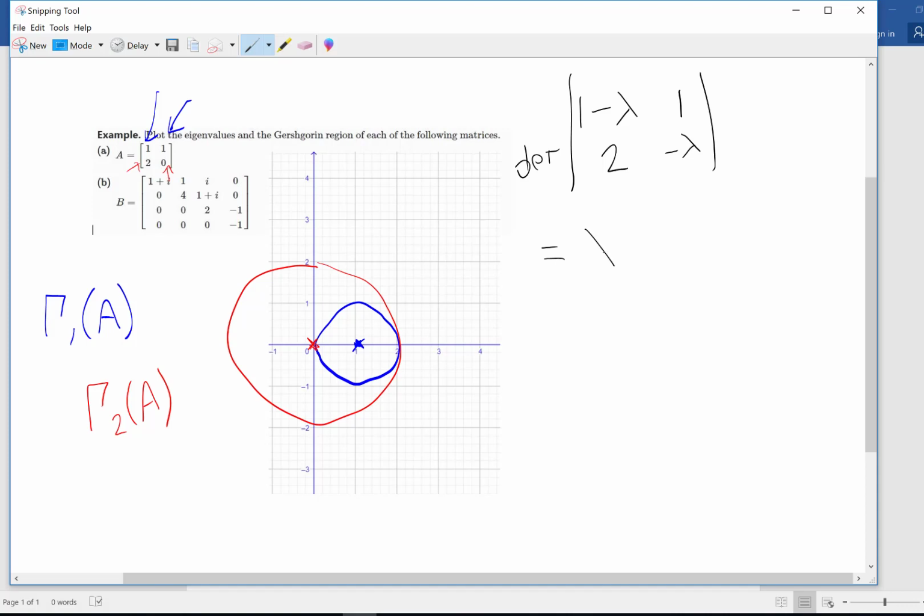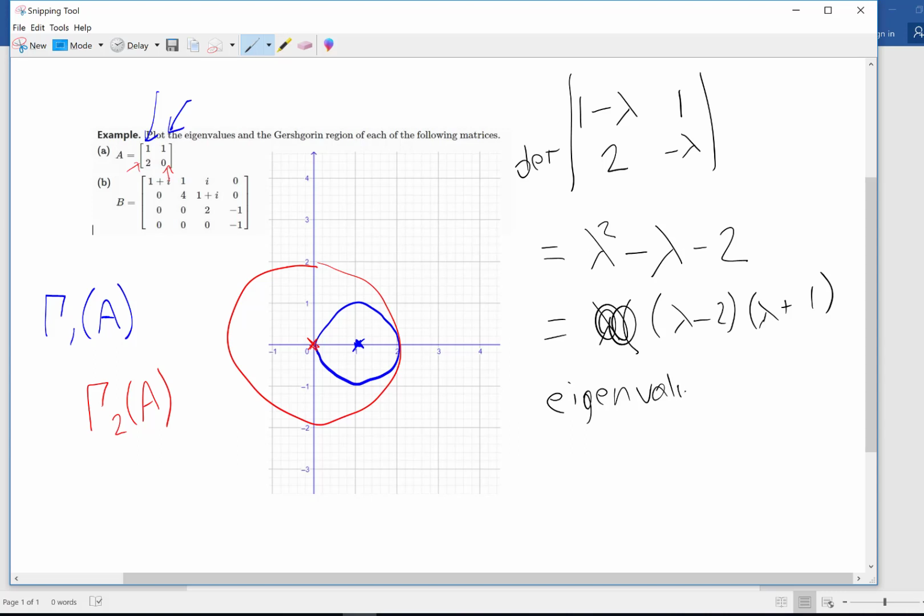Negative lambda times that gives me lambda squared minus lambda, and then I need to subtract the 2. And so this factors pretty nicely. It's lambda minus 2 times lambda plus 1.